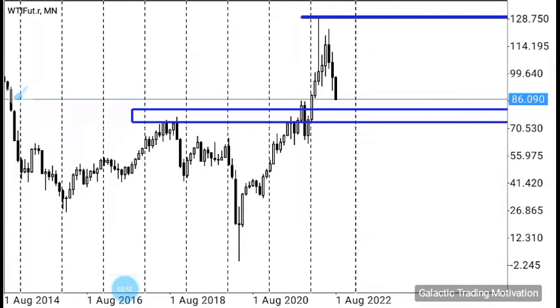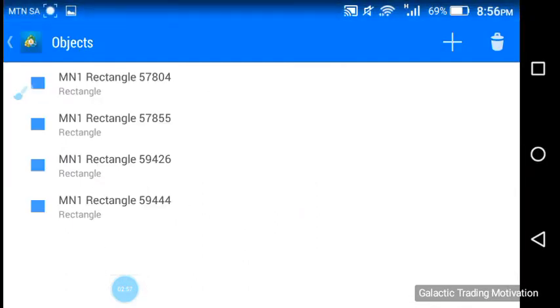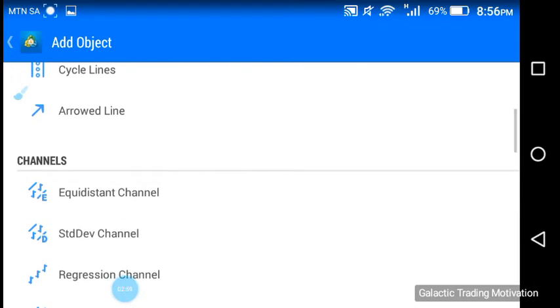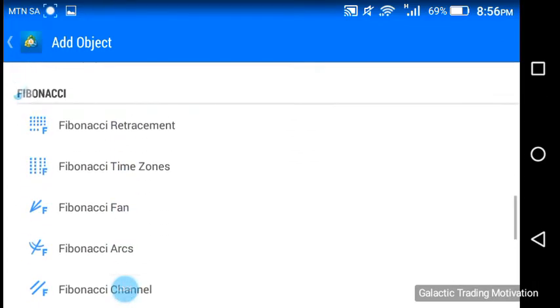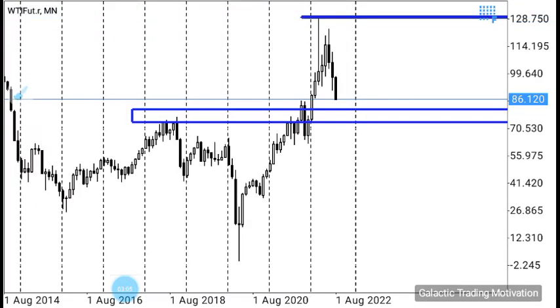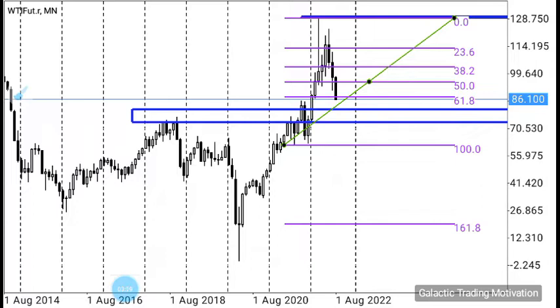So the next thing that I'm going to do is to utilize the Fibonacci retracement tool. I just want to see if the neckline aligns with any of the key numbers that we have on the tool. Let's see. There we go.